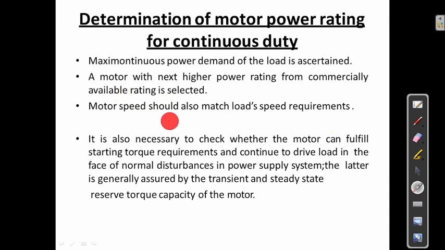The motor speed should also match the load speed requirements. It is also necessary to check whether the motor can fulfill starting torque requirements and continue to drive the load in the face of normal disturbances in the power supply system. The latter is generally assured by the transient and steady state reserve torque capacity of the motor. These are the steps for determining power rating for continuous duty.